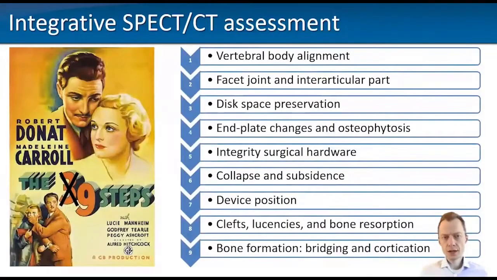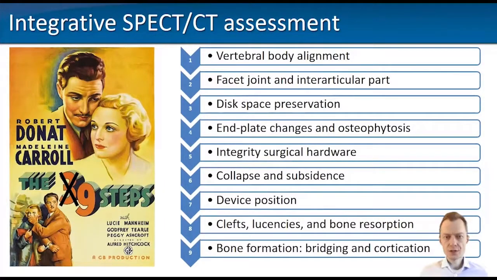So when looking at SPECT-CT in the post-fusion spine, there are approximately 9 items on your checklist. So you will look for the vertebral body alignment to see if there's any malalignment or changes in this alignment occurring compared to post-operative imaging. You will look at the facet joint and the interarticular part, look for the preservation of the disc space or possibly the collapse of the construct, any changes in the end plate or changes in osteophytosis.